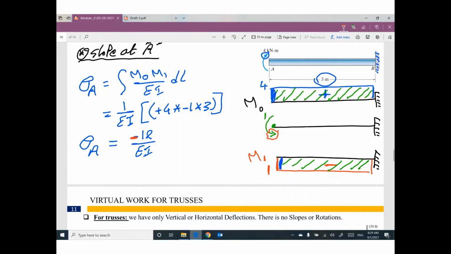You assumed wrong rotation or wrong direction for the unit moment. So I assumed it counterclockwise. Counterclockwise. I'm sorry, it's wrong direction. So your rotation will be clockwise. That makes sense? You don't need to change anything. You need only to tell me what is the correct direction.